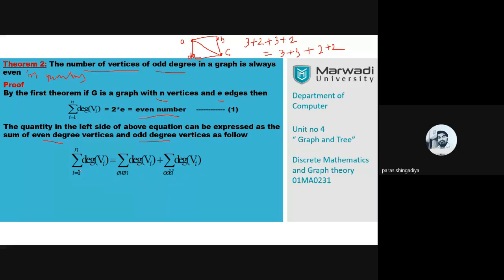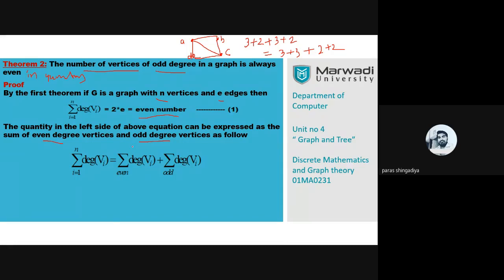So here sum i from 1 to n degree of vi is equal to sum degree of vi even plus sum degree of vi odd. What does it mean? Here such vertices are involved whose degree is an even value, like 2 plus 2 form.